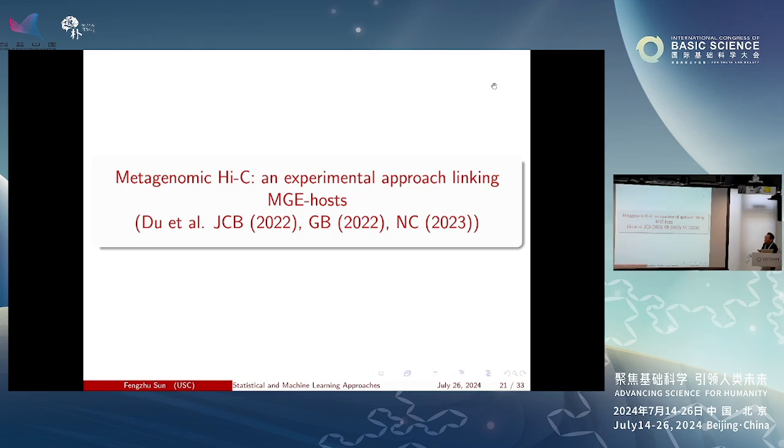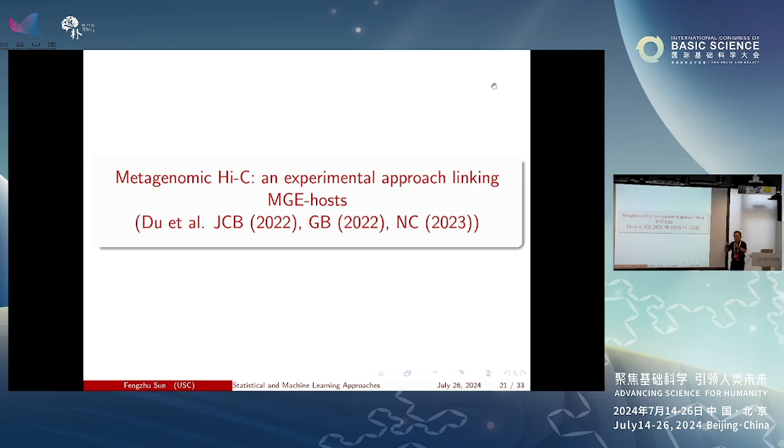Okay, in the last 10 to 15 minutes, I will change the topic a little bit. In the topic that I just talked about, we only give the sequence information. So we did not really see, in this particular sample, whether there is virus-host interaction.